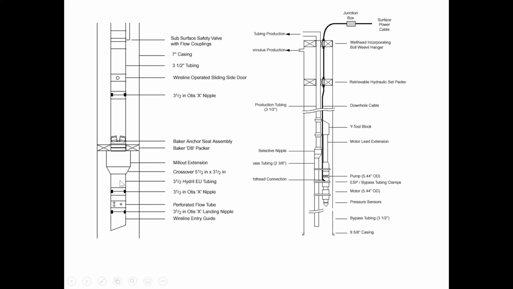Here we put a plug, and it can be, as I said, another safety factor. And this is what is called the mill-out extension. In the mill-out extension, you see that the diameter is larger than the tubing diameter.